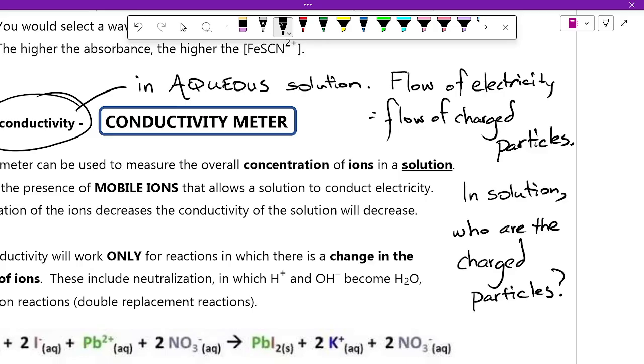If we have a solution that contains charged particles, what are the charged particles?